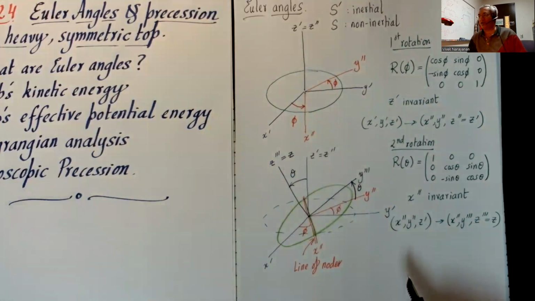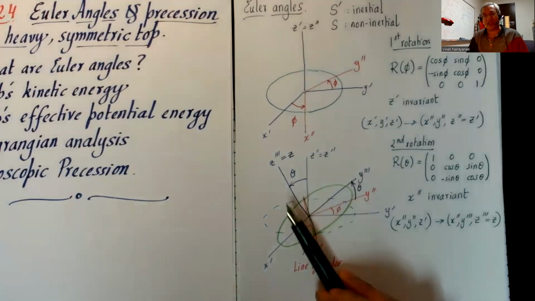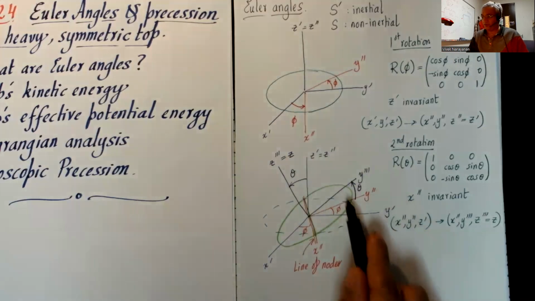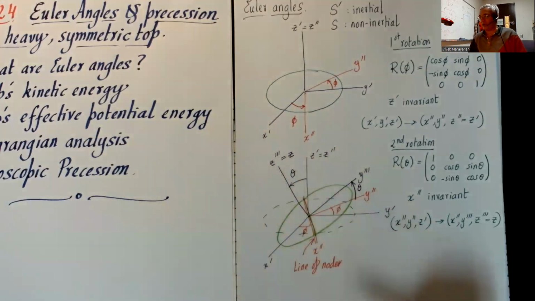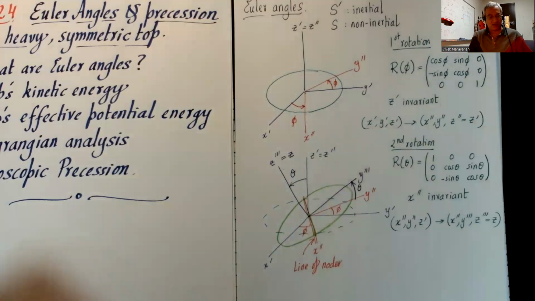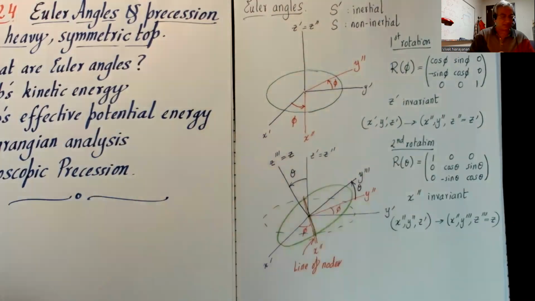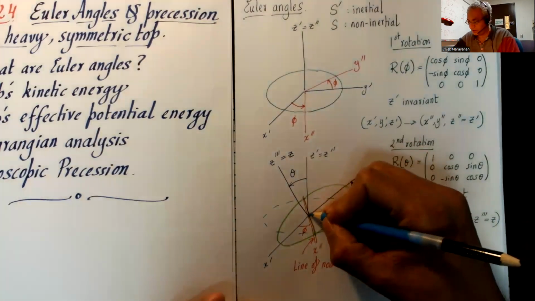Remember, in 3 dimensions, you need 3 independent coordinates. So the third Euler angle comes from the third rotation. The third rotation is the one that you make again around the z-axis, but you rotate it counterclockwise by a new angle. So this I'll indicate on the same figure because there's hardly any change between this figure and the previous ones. So now I'm taking, I'll use light blue for this one.